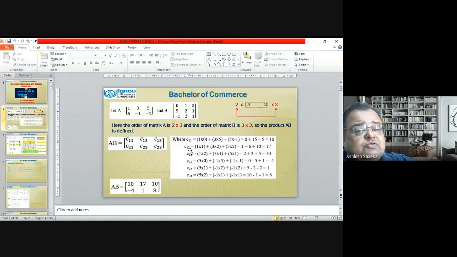Then we come to C12. Now we will be multiplying 1 by 1 plus 3 into 2 plus 5 into 2. You can see over here it's written. Then C13 is this one: 1 into 2 plus 3 into 1 plus 5 into 1.